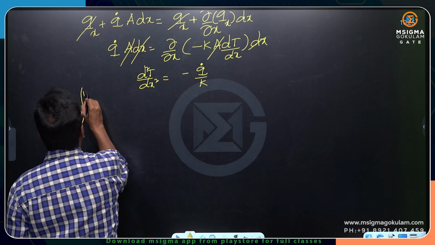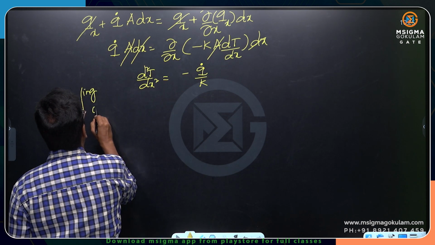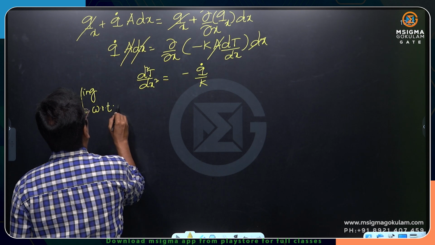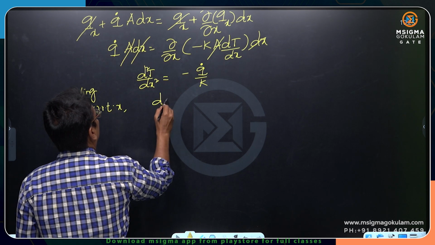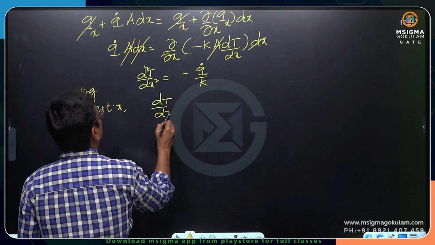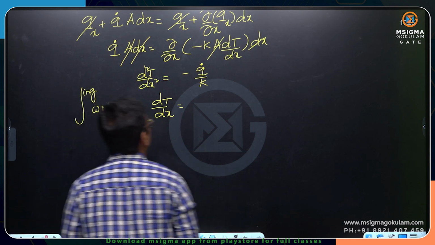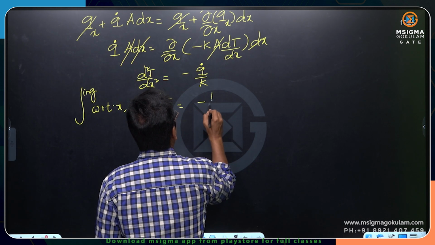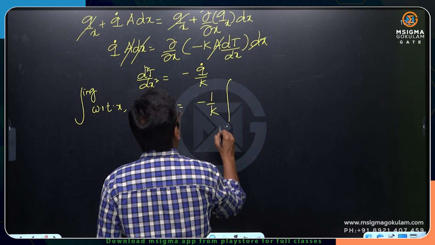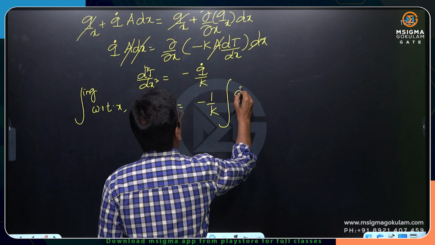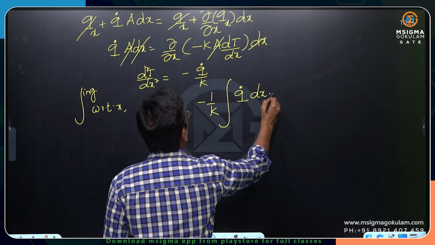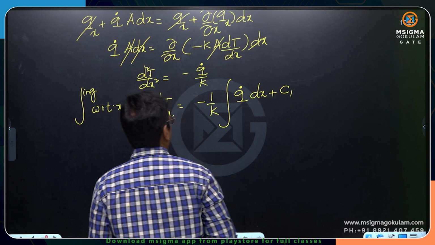Integrating with respect to x, dT by dx on both sides is equal to minus 1 by k integral Q dot dx plus C1.